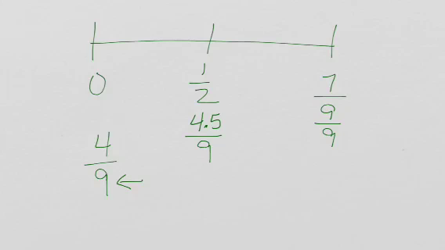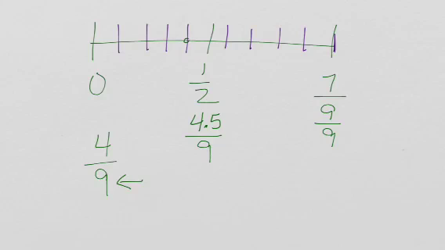So, where would 4/9 fall? Well, let's fill in the rest of my number line. It has to be cut into 9 even parts. So, 1, 2, 3, 4. This is 4.5, remember? 5, 6, 7, 8, 9. Okay, 9/9. So, I've got 9 even parts. 4 would be over here. 1, 2, 3, 4.